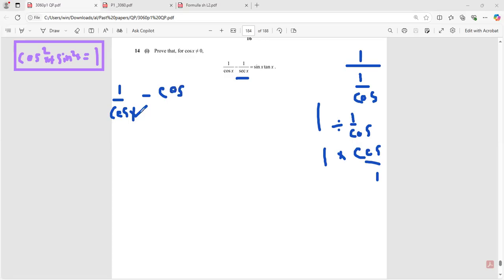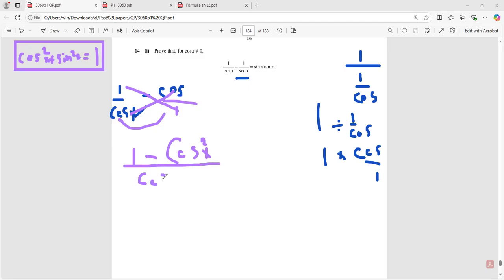We are going to make it like any normal subtraction: 1 times 1 equals 1, cosine times cosine minus cosine squared x, divided by 1 minus 1 multiplied by cosine x over cosine x.